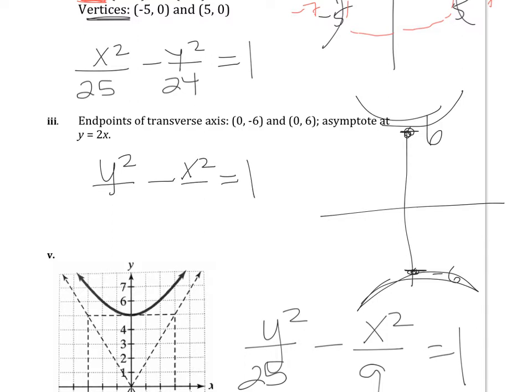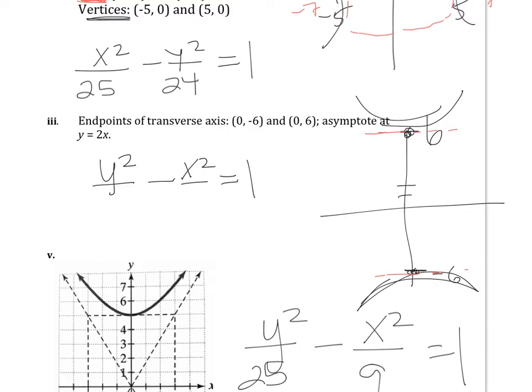Oh, I'm sorry, what I didn't mention was that if the endpoints of the transverse axis are (0, -6) and (0, 6), that must mean that our vertices are 6 and -6, because the transverse axis is where the vertices are, and the endpoints indicate to us where that rectangle goes. The other bit of information we have is that we have an asymptote at y equals 2x.